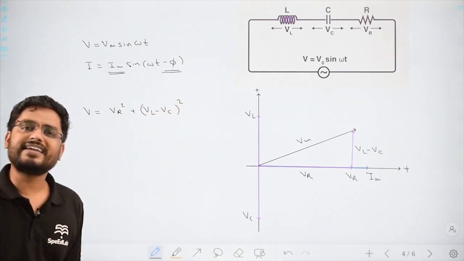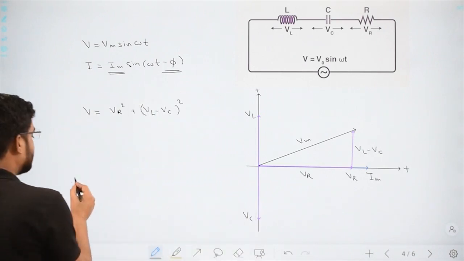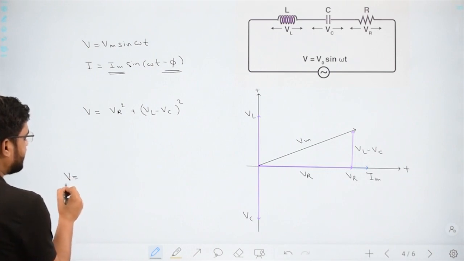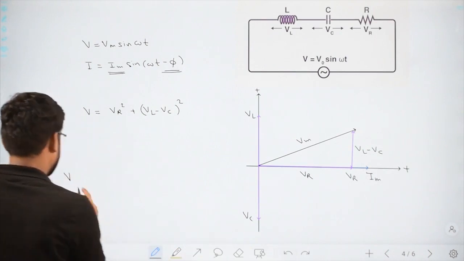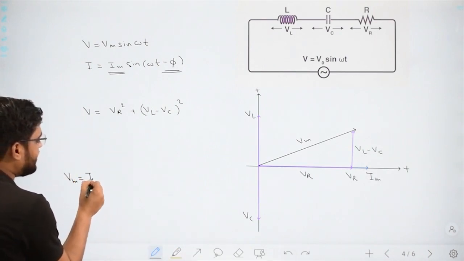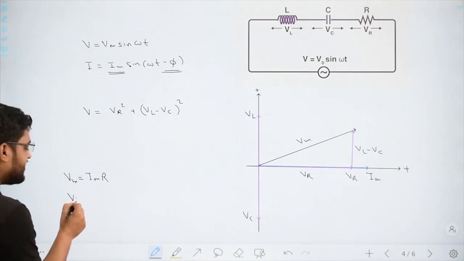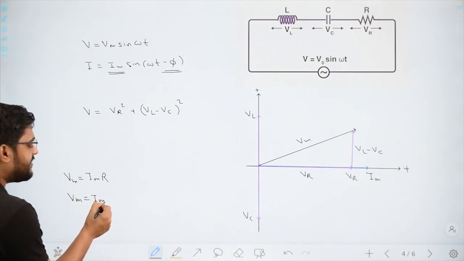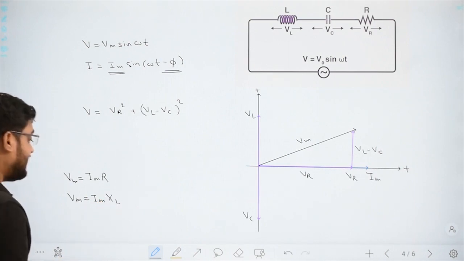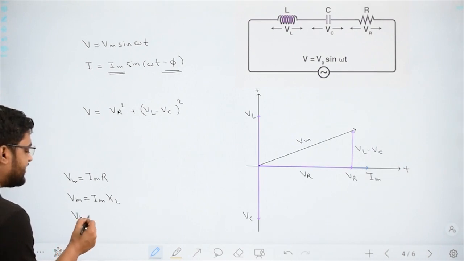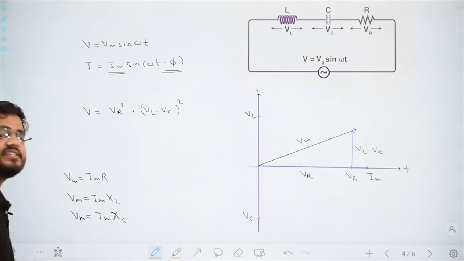We know that the current here is the same, right? Remember the cases where Vm was Im into R when a resistance was connected, Vm was Im into XL when an inductor was connected, and Vm was Im into XC when a capacitor was connected.